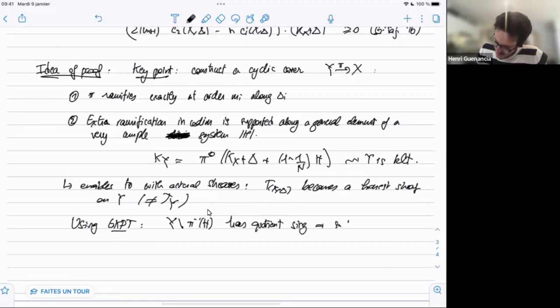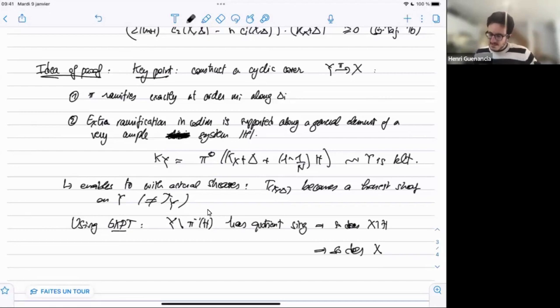And so does X minus H. And since H varies in a very ample system, and in particular base point free, that implies that X has quotient singularities, or the pair (X, Δ), maybe I should say. And so we are back to the case of complex orbifolds where the story is very well known. And that finishes the proof.